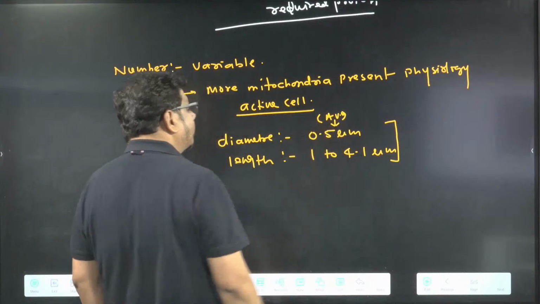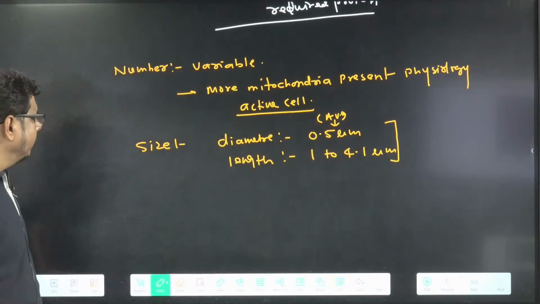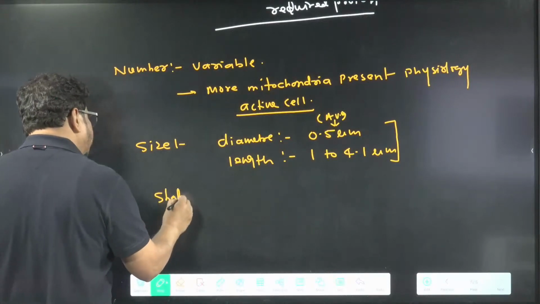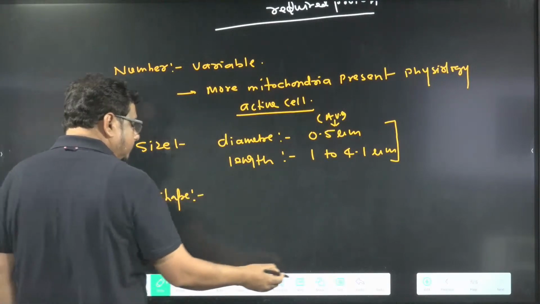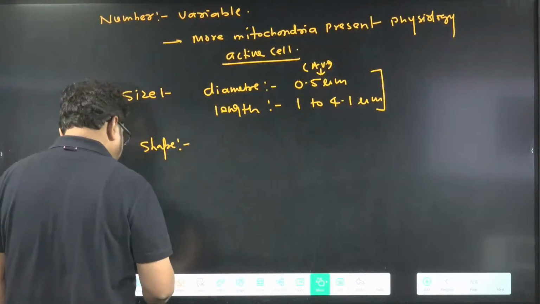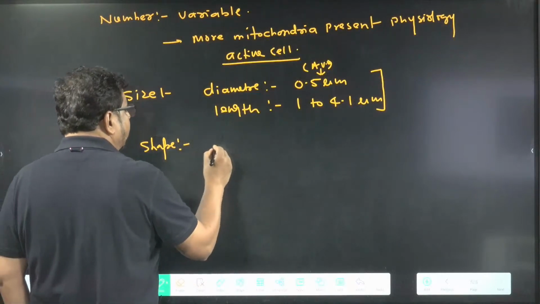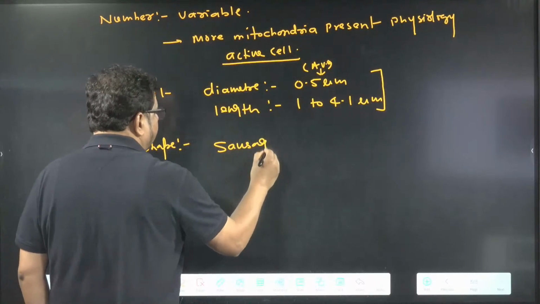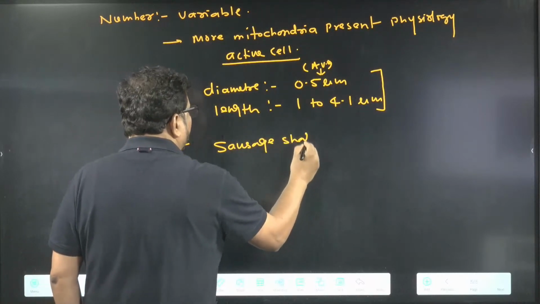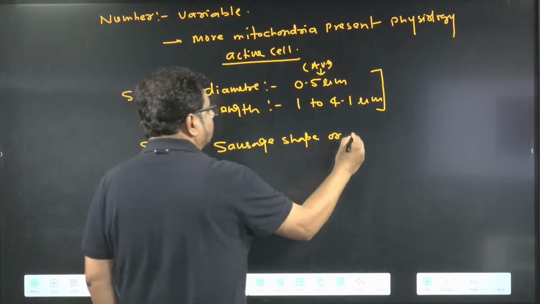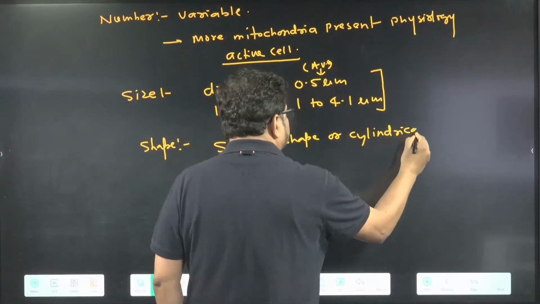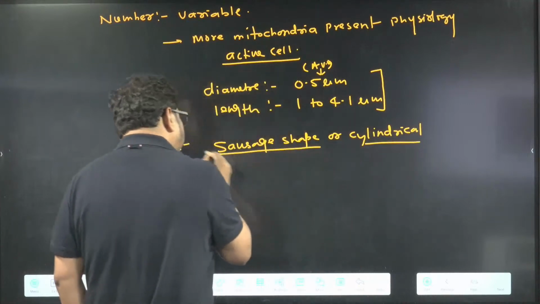Clear in the mind? So size we have seen. Now we are going to talk about the shape of mitochondria. It may be sausage shaped or cylindrical in shape. Got the idea?